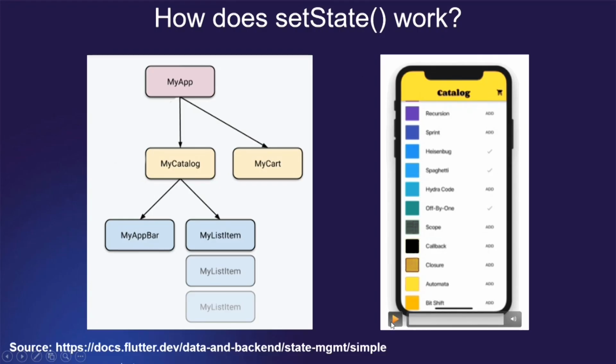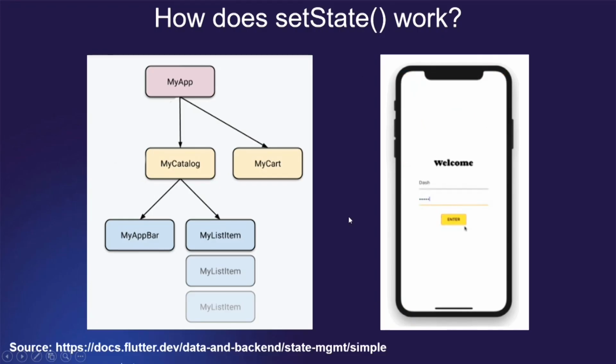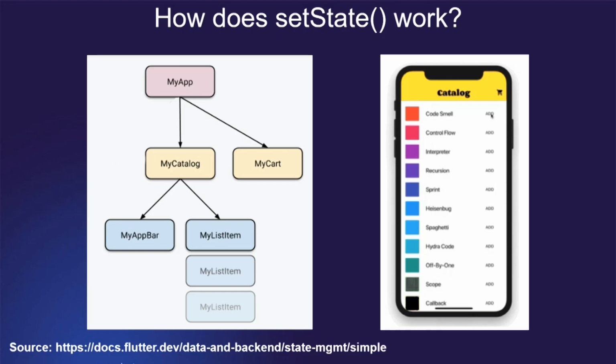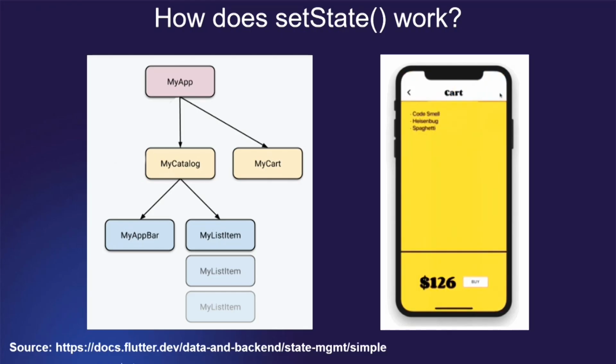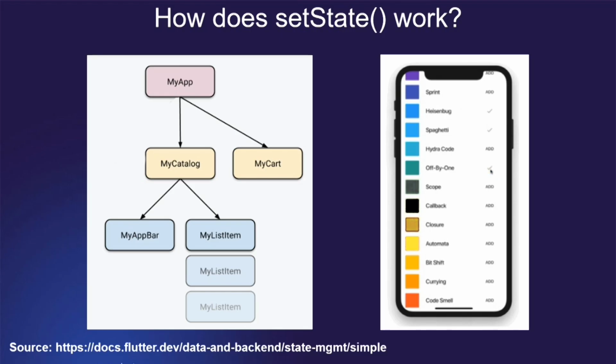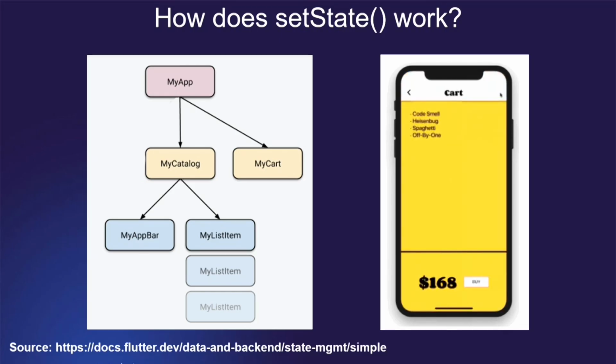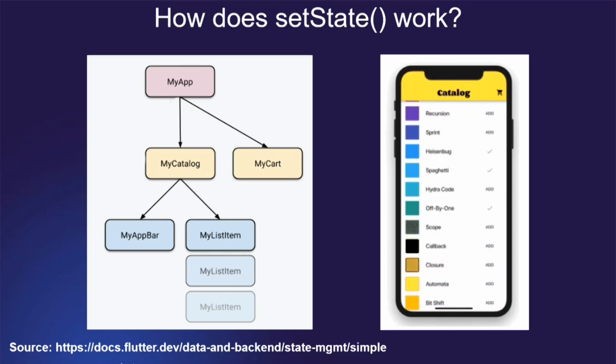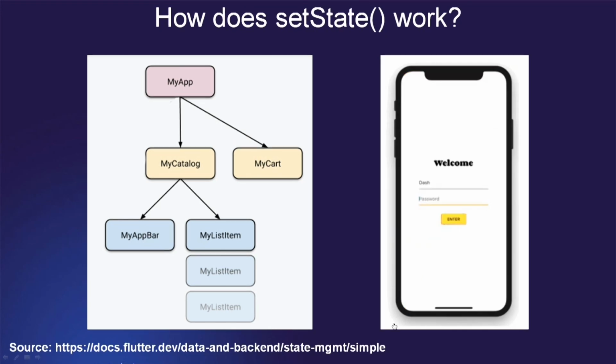Whenever users log in, it redirects to the catalog where the user can select items, and based on the item state, my cart is updated. So based on the items selected, we can reflect the changes inside my cart. So this is how set state works.